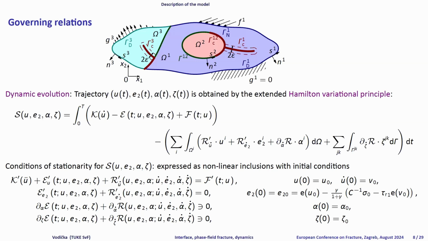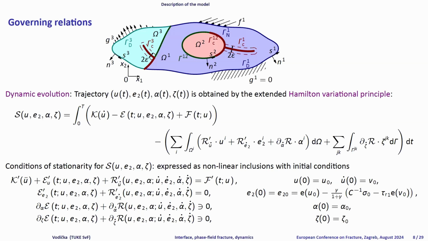The first two of them define the equations of motion. The last two define the flow rules for the damage, either in the phase field or along the interface. Naturally, it is equipped also with the initial conditions. So these are the conditions which are to be solved.